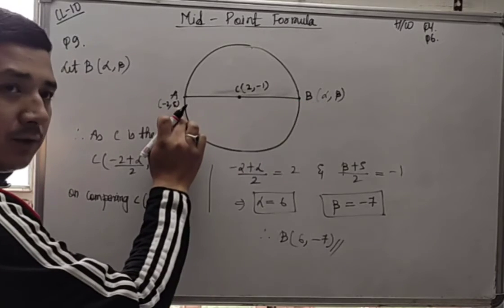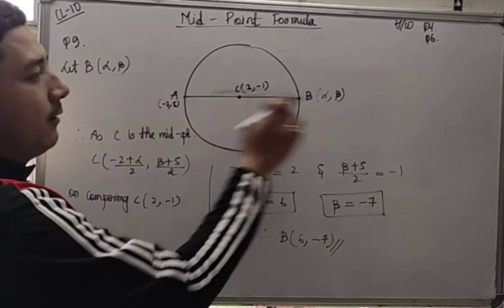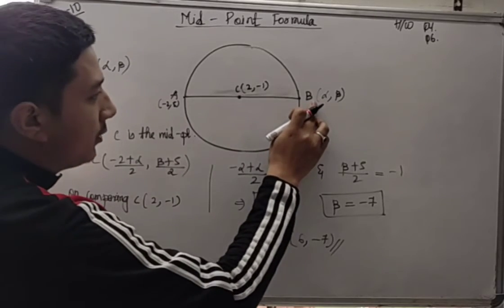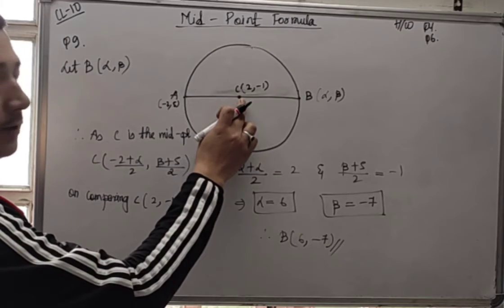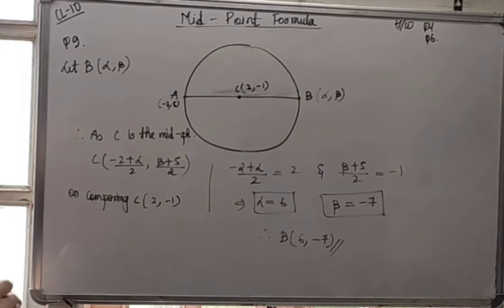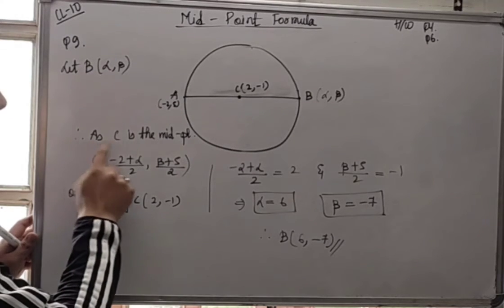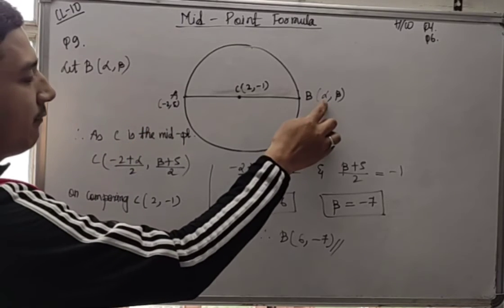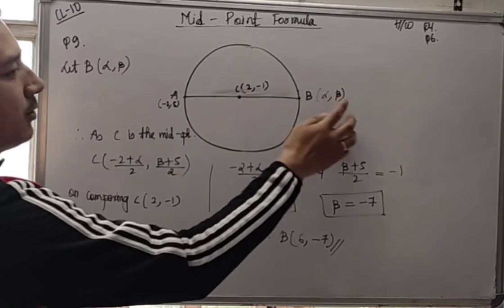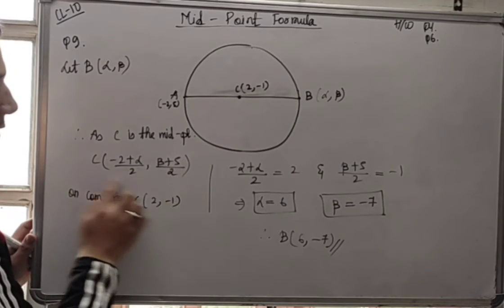We know this first point and we know the center. So let us assume the other point B is (alpha, beta), and I know that C is a midpoint. So we can use the midpoint formula, and the coordinates of C will be (-2 plus alpha) divided by 2 and (5 plus beta) divided by 2, which is this.